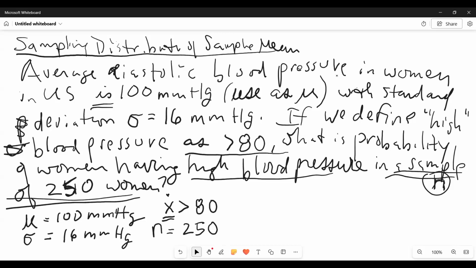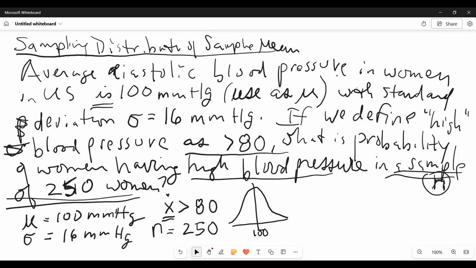All right, and we want to know, so we have our population distribution, our graph here. Now we know we've taken a sample, okay?